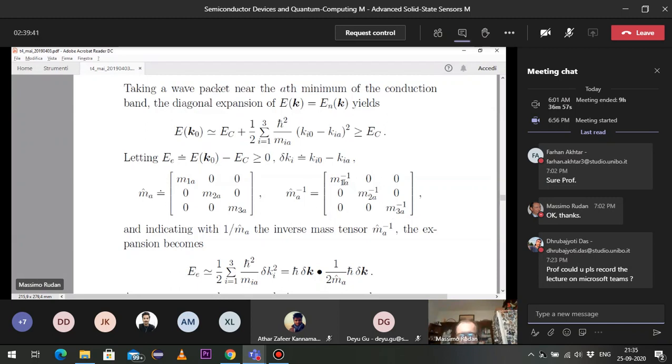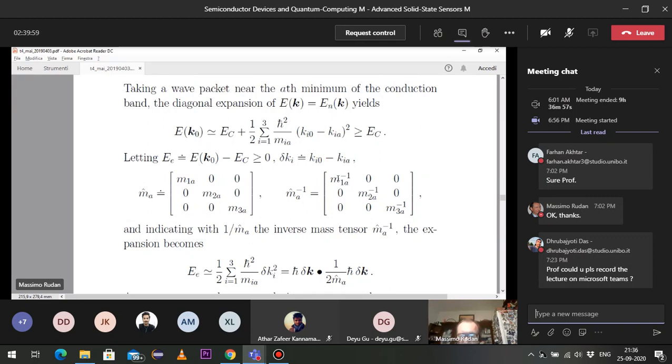And you already remember that in each valley of silicon or germanium, for instance, two of these three elements are the transverse masses and the other one is the longitudinal mass.